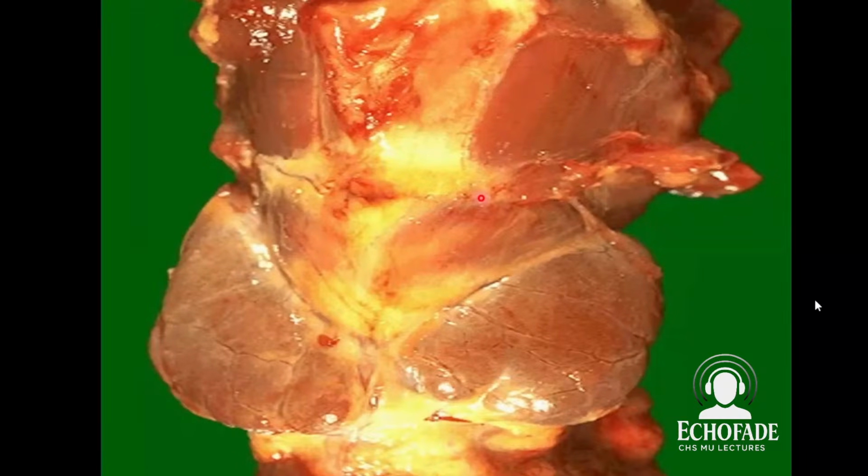This is normally marked in the tongue by a depression separating the anterior 2/3 of the tongue and the posterior 1/3 of the tongue, that we refer to as foramen cecum.